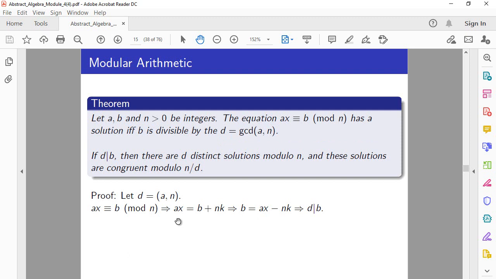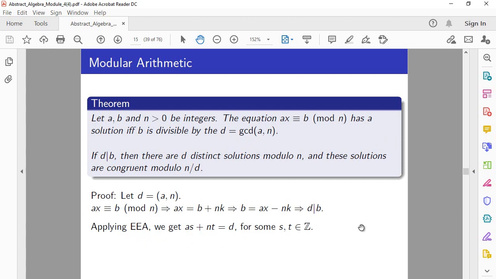Let's first apply the extended Euclidean algorithm to express d as a linear combination of a and n. So we know that by the extended Euclidean algorithm, there are integers s and t such that as plus nt is equal to d.